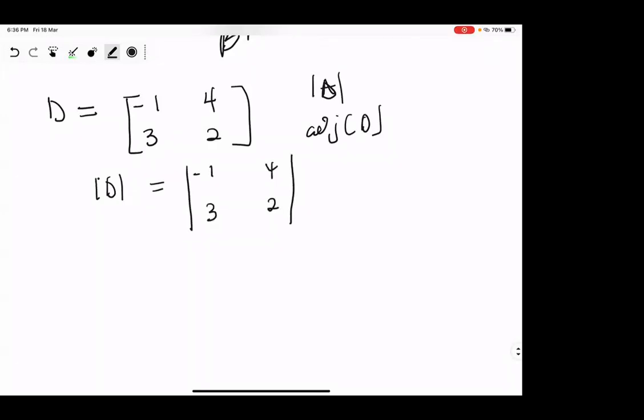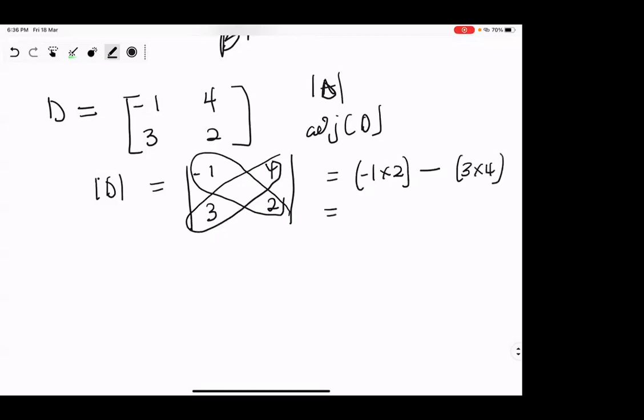And for the determinant of a 2 by 2 matrix, we multiply components on the leading diagonal. So this is -1 times 2 minus the product of members on the other diagonal, which is 3 times 4. So we have -2 minus 12, and this is -14. This is a non-zero number. Therefore, the inverse of matrix D exists.